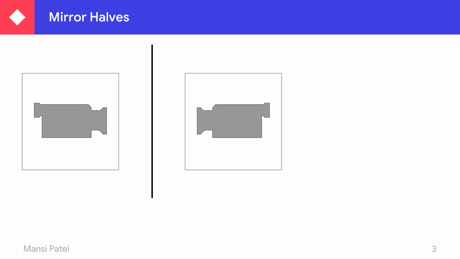Let us see one more example of mirror halls. This is our original picture. If we put this picture in front of the mirror, then what is the reflection of this picture? Let us see. This is the reflection of the picture. So the first picture is our original picture.